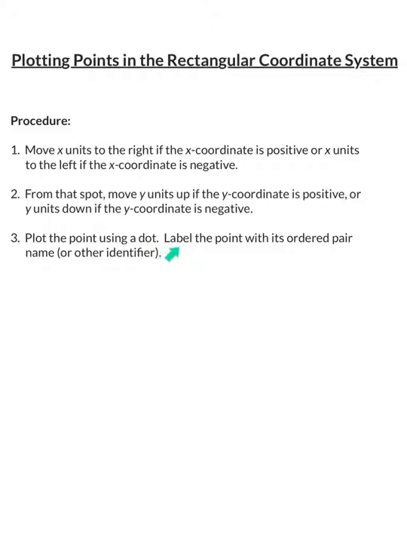The second thing we want to do is label the point with its ordered pair name or other identifier. If you don't want to use the ordered pair name, you can always label your points as A, B, C, D using letters or some other notation in order to make it clear that you know which one it is.